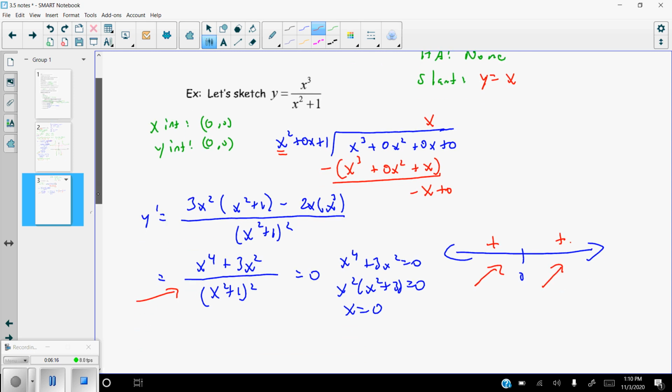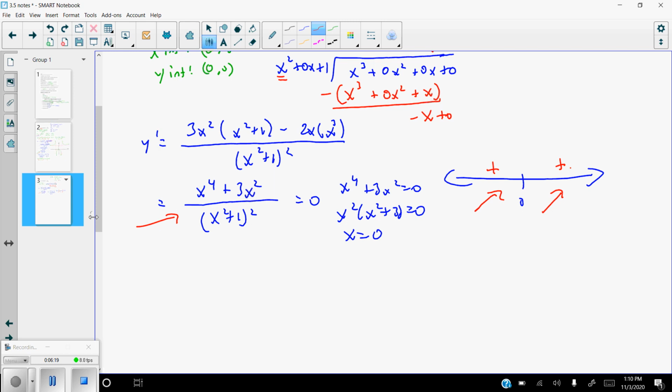All right, now let's figure out our second derivative. So I'm going to go from the simplest version, which is, again, this one. So the second derivative is going to be a mess. Let's see. Derivative of the top, 4x cubed plus 6x times the bottom, x squared plus 1 squared, minus derivative of the bottom.